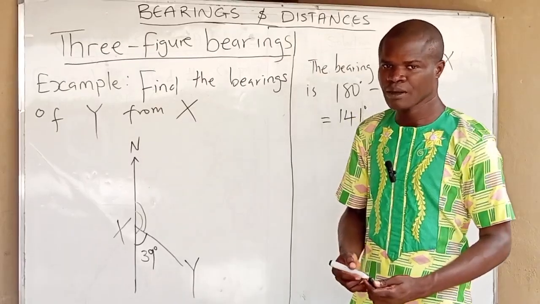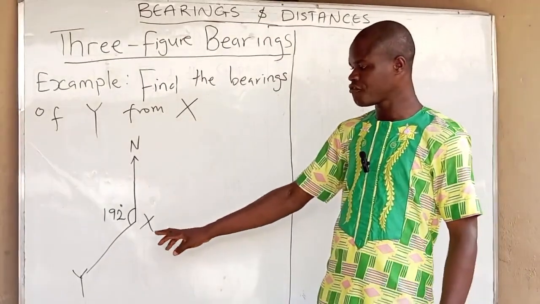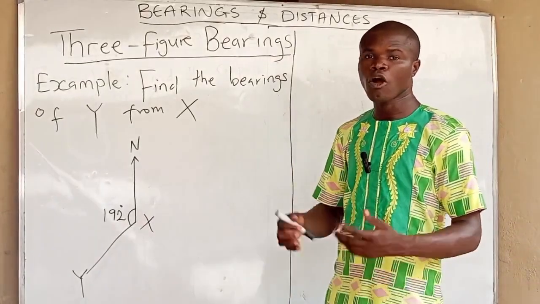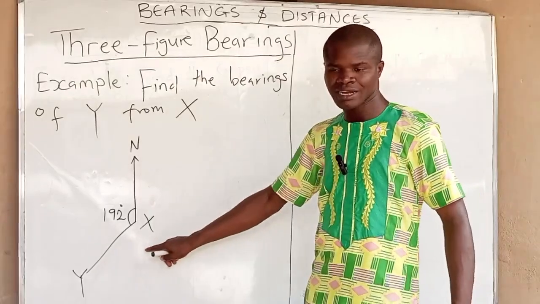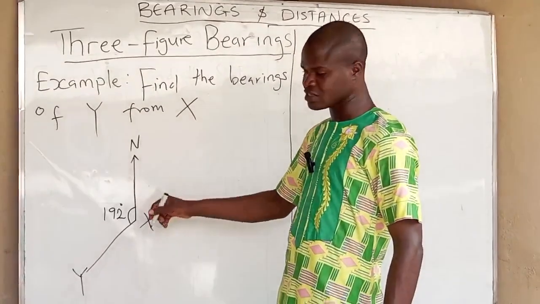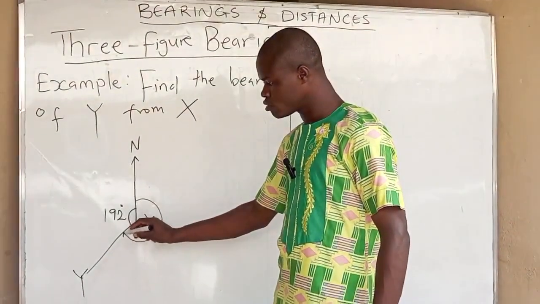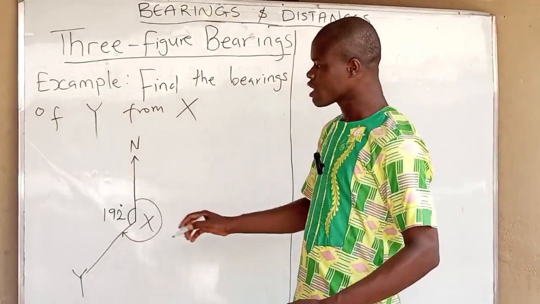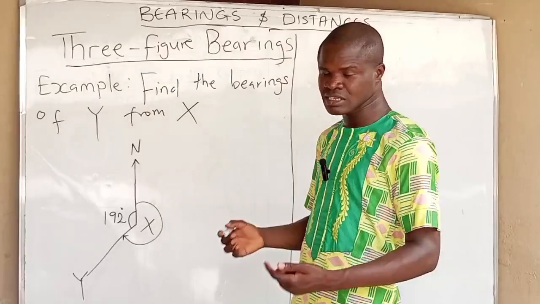So let's take another example. We're asked to find the bearing of y from x. Remember, all measurement must be taken from the north, and then we rotate in a clockwise direction towards y. So this is the north of x. The angle of interest is actually this angle. That is the angle we need. And you know that the angle around a circle is 360 degrees.